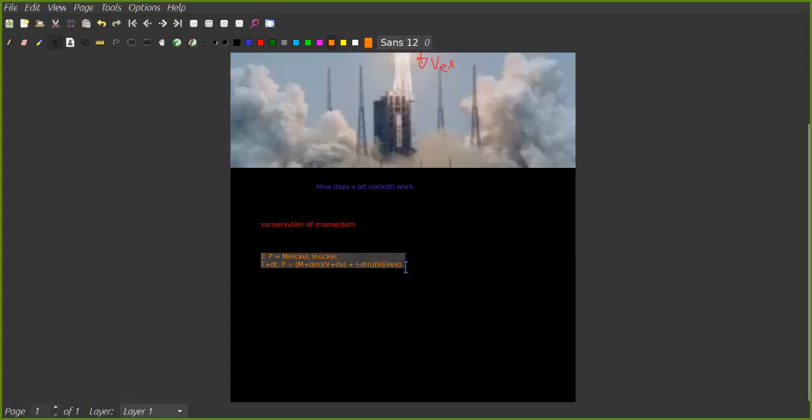Okay, so if we open this thing up, we know that m times v, which is the initial momentum, has to be equal to m times v plus m dv plus v dm minus v dm plus v_ex dm.